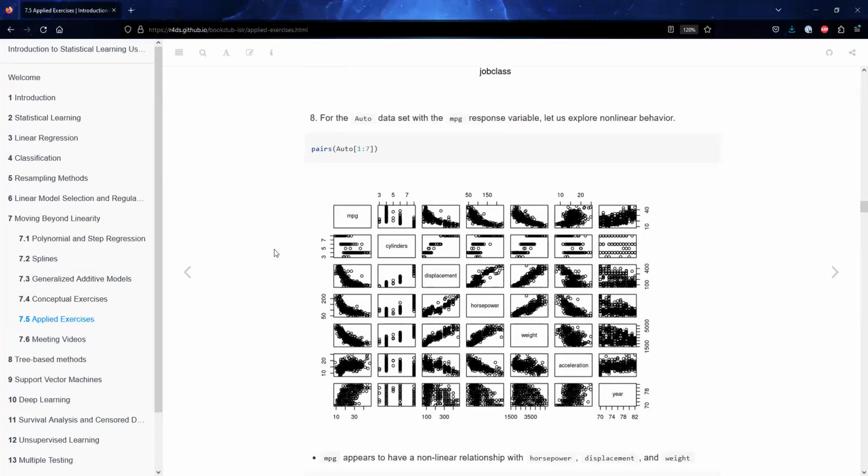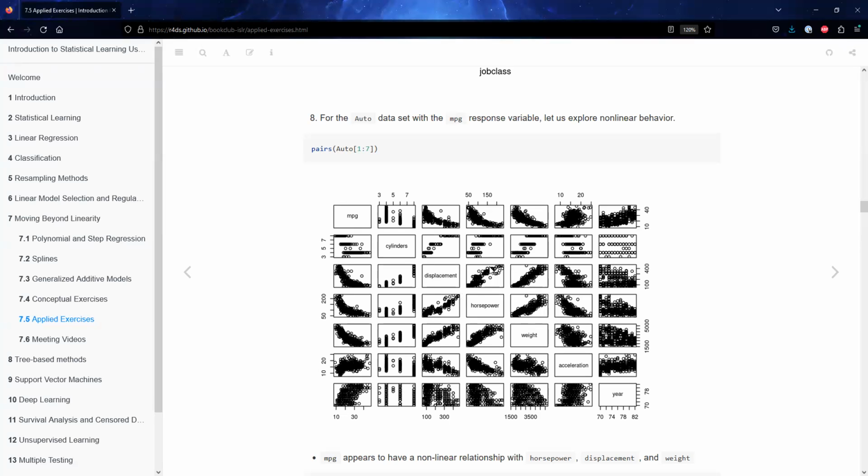All right, so in problem 8, we'll move on to the auto data set, which talks a lot about cars. We'll use the miles per gallon, the gas efficiency, as our response variable. What we want to explore are situations that may be non-linear in behavior.